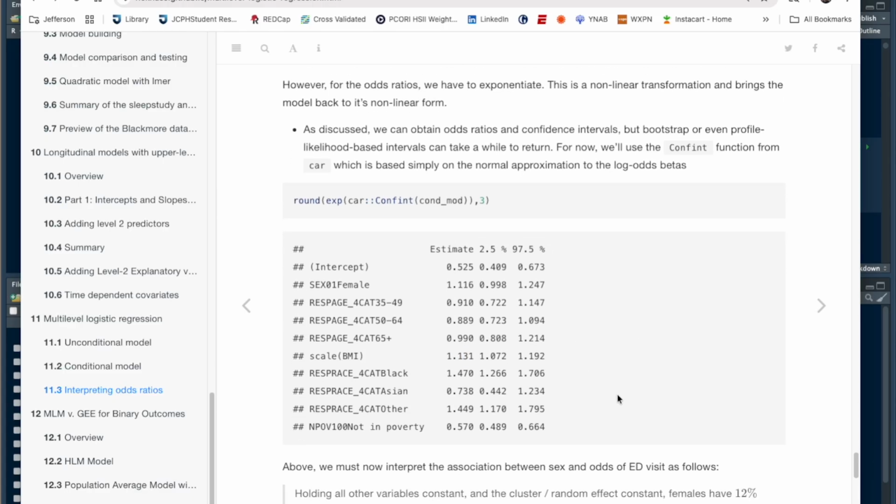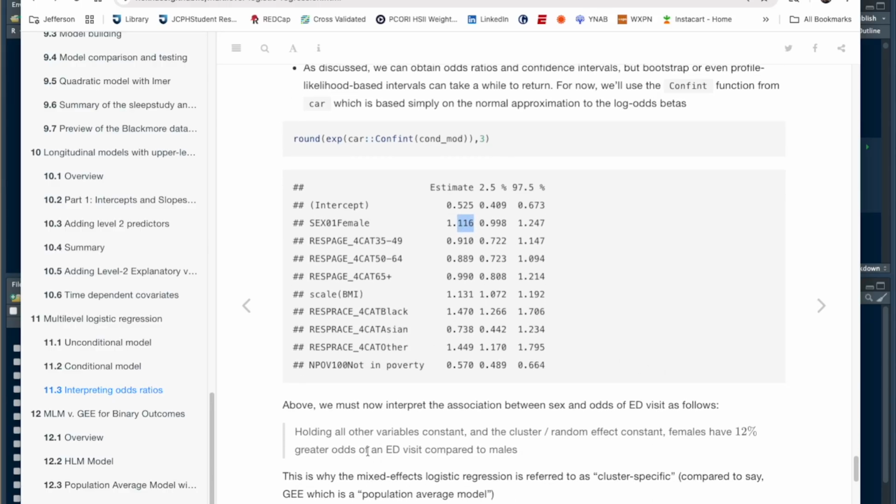We have an odds ratio for BMI of 1.13, which is essentially a 13% increase in the odds of hospitalization as BMI goes up by 1 unit. Similarly, for females compared to males, we've got about 12% greater odds of ED utilization. That's all the same as before.